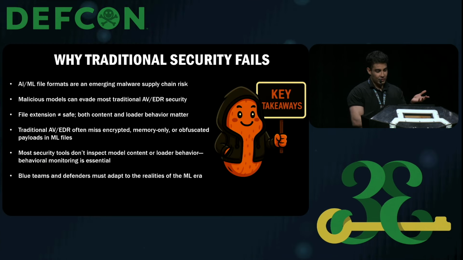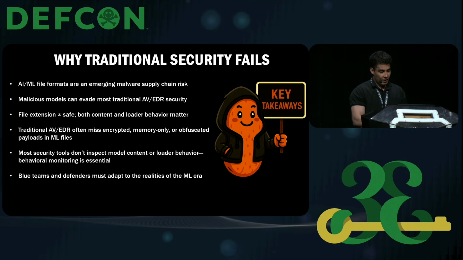So for example, for an HTA file or a JavaScript file, it is very easy to block or detect .hta or JavaScript. But as we showed, a pickle file, even if it doesn't have the .pkl extension, could still be a security risk, but we wouldn't know that. So those are some of the things that I think could be great to implement.